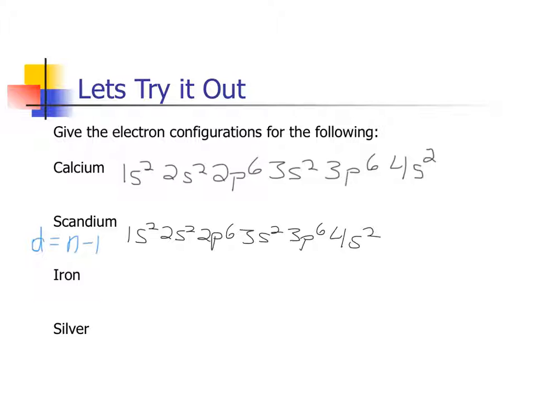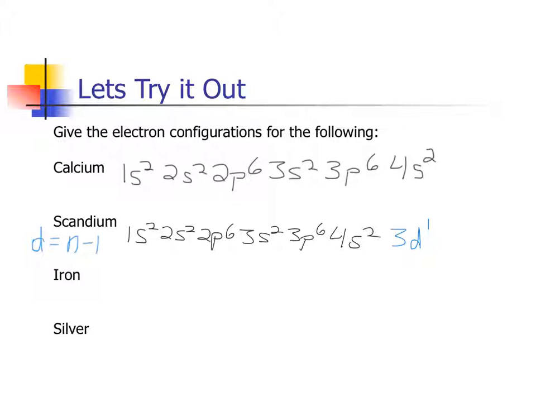If my d's are 1 less than that, that means it's 3d1. Your d's are always 1 less than the row in which they're in. So what d is it? It's the 3d.